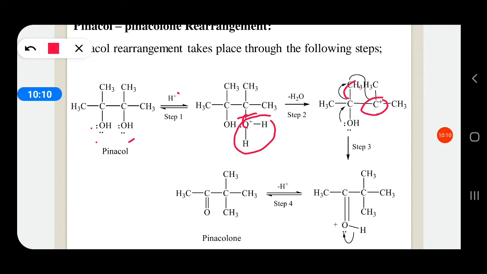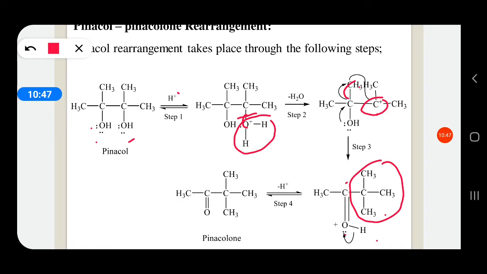This CH3 reacts with the carbocation in the third step, that is, rearrangement of the methyl group takes place. The methyl group is shifted to the carbocation, so the methyl group present on this carbon comes to the alpha carbon, and this becomes a double bond with OH. The oxygen loses one lone pair of electrons, therefore it gets a positive charge.